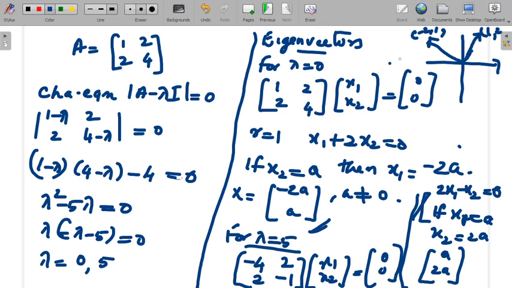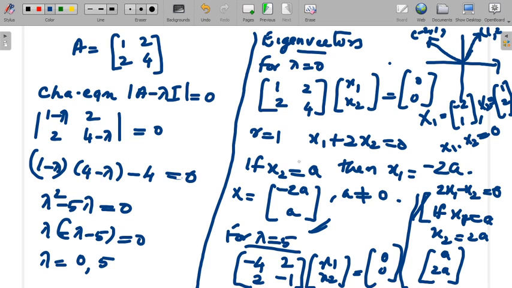Okay, and if you take the dot product, let us name x1 as the vector minus 2, 1, x2 as the vector 1, 2. You can see x1 dot x2 equal to 0. So these vectors are orthogonal vectors. So if you write a basis using these vectors, that will be an orthogonal basis.